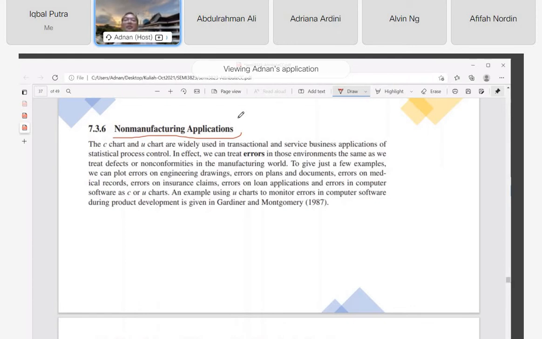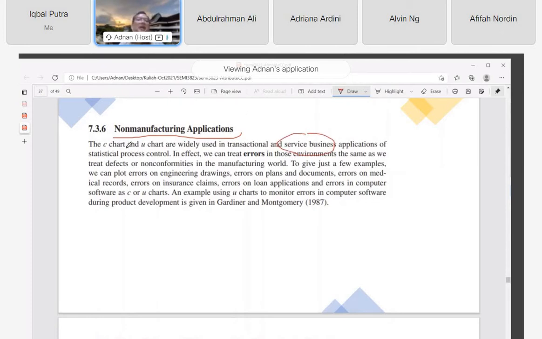Even a bank uses control charts to monitor mistakes done by their workers. For example, for processing applications, how many mistakes the workers have made. Or maybe you want to monitor the typists, how many mistakes they have made when typing documents. We can monitor the performance of staff by using attribute control charts. So it is widely used in service business.